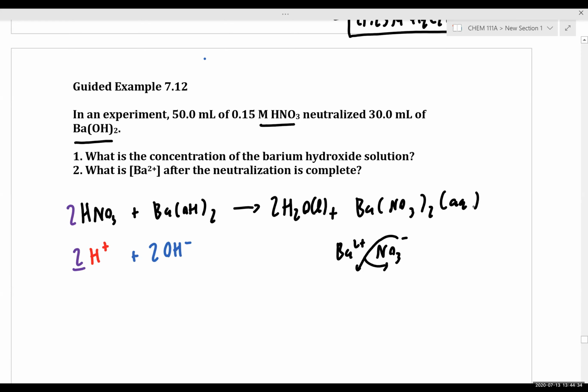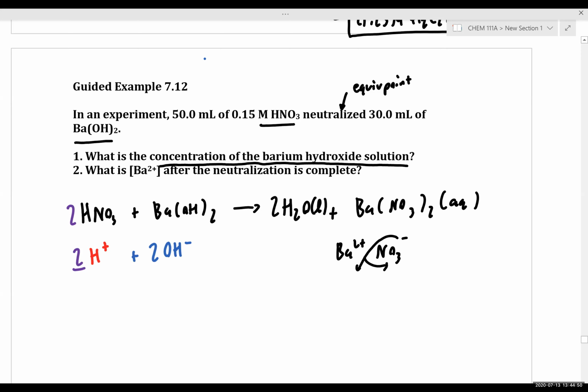Okay, so first question we're asked, what is the concentration of the barium hydroxide solution? So we know when we see the word neutralized, that is the amount required to reach the equivalence point.